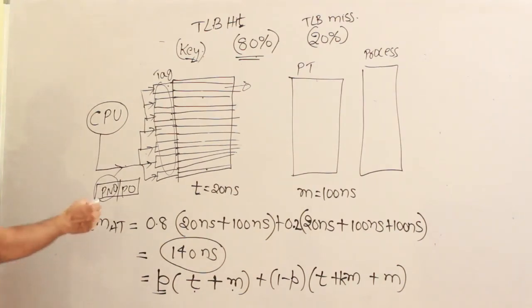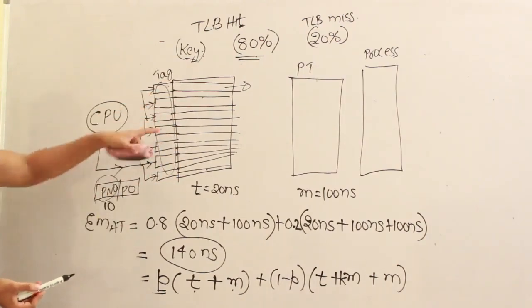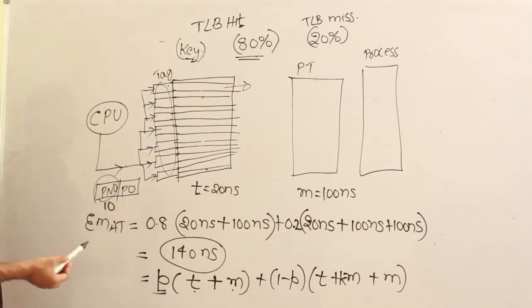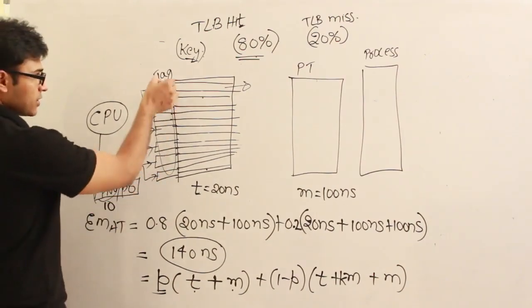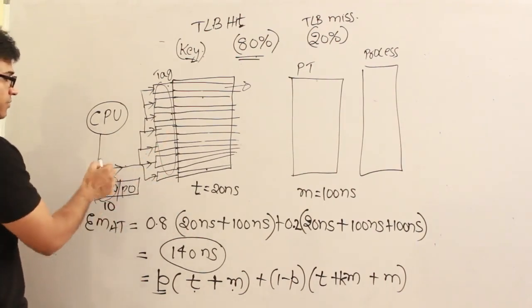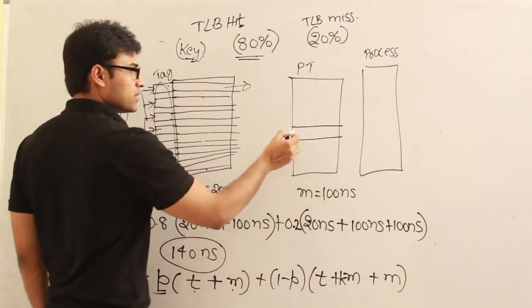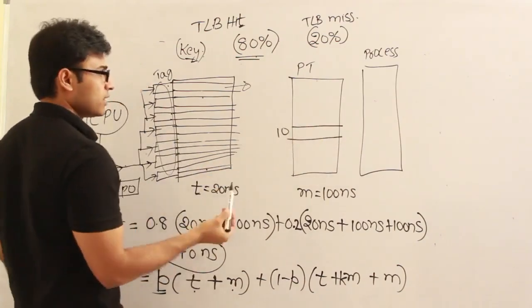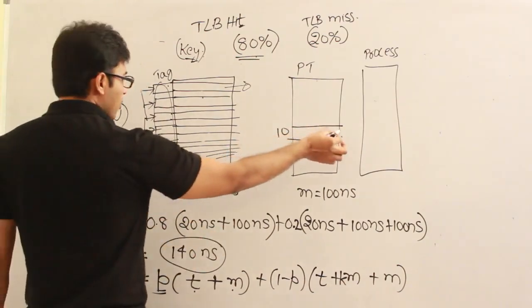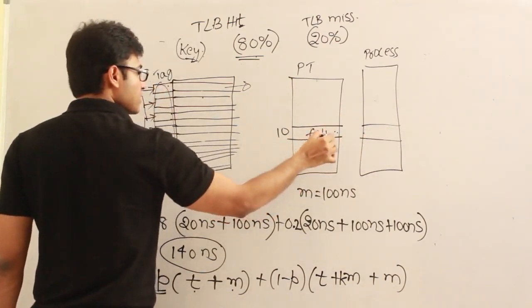Initially, let us say the page number produced is 10, right? And initially there will be nothing in the TLB, because let us say we have just started. Then the CPU will search in the entire tags and it will not be present, and then it gives up, goes to the main memory and takes the entry for 10, and it will get the concerned word by converting this page number into frame number.